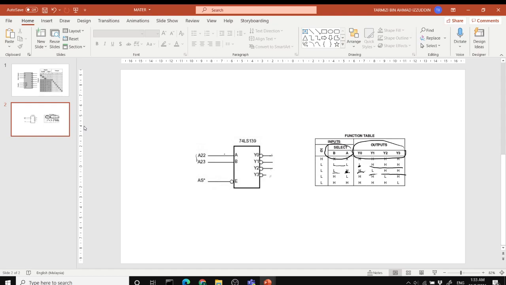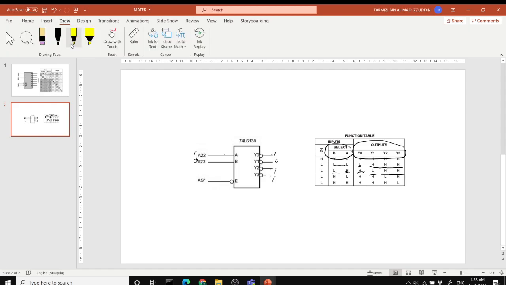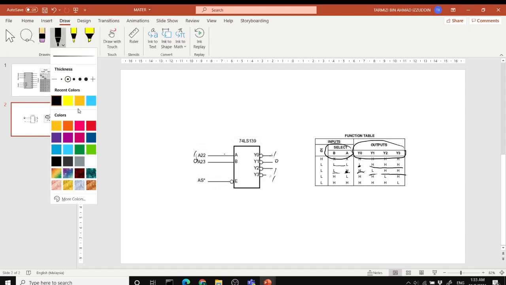So during A high, B low, you have high, low, high, high. So that's how it works. And then just another example, what if it changes?